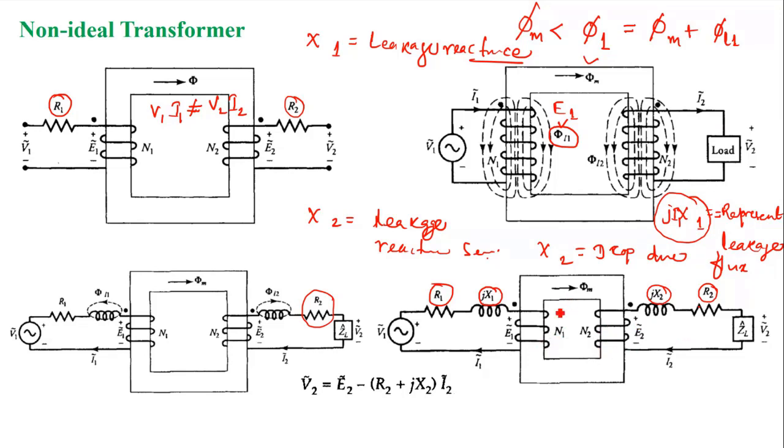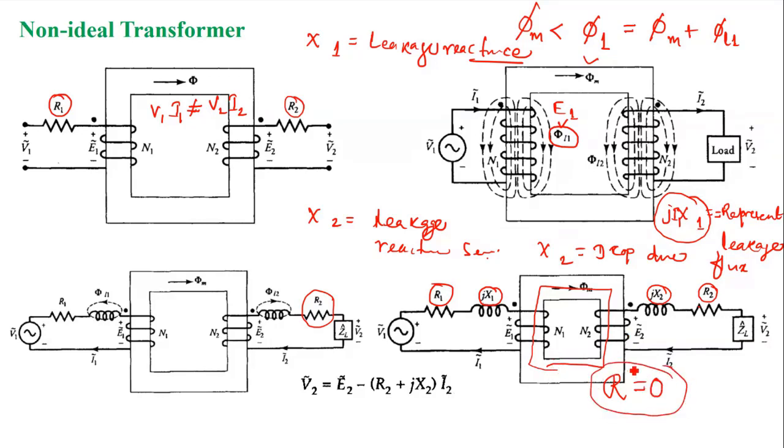Now, till now we have considered only the resistance of the winding and the leakage reactance of the winding, right? But another thing we have not considered: we are still assuming the core has infinite permeability. That means there is no reluctance in the magnetic path. So the reluctance of the magnetic path we are still assuming as 0.